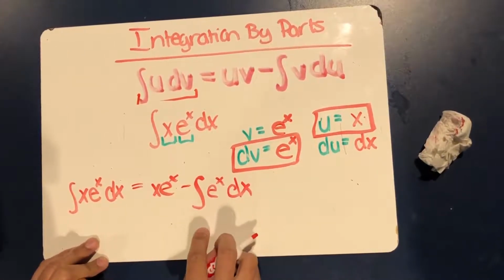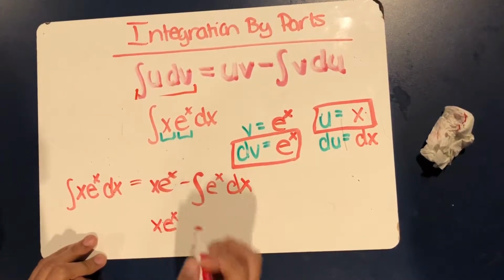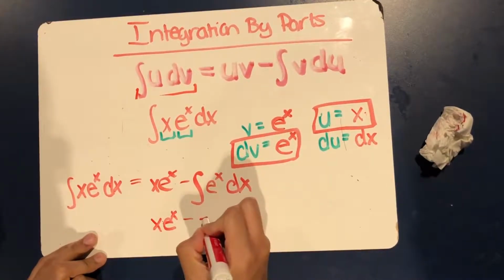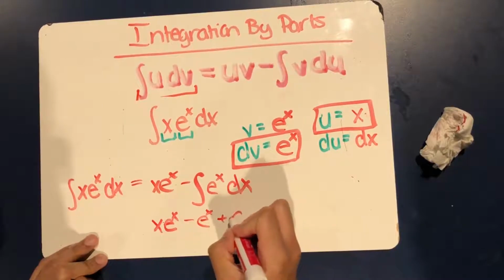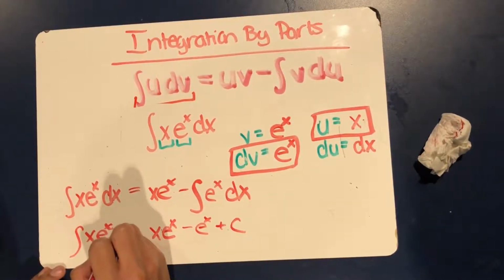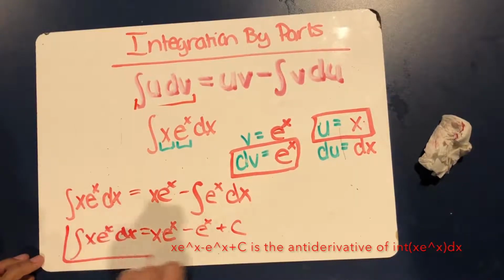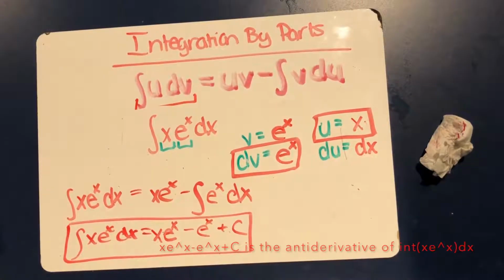So when you take the integral of that, you get x e to the x minus e to the x plus that constant c that we wrote in earlier. So we have the integral of x e to the x dx equaling x e to the x minus e to the x plus c. And that is our final answer.